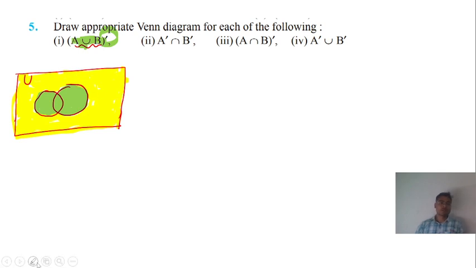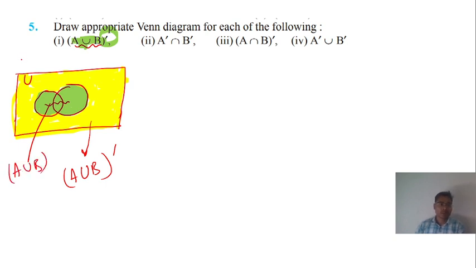I am writing it here: this is the A union B whole complement, and this inside set is A union B. Our first part is done.